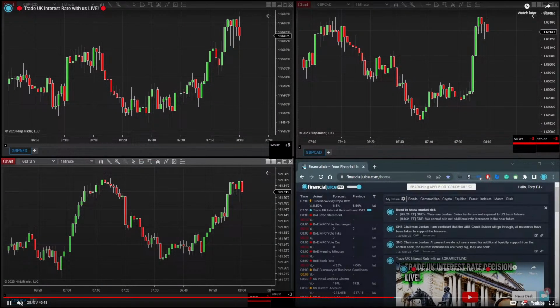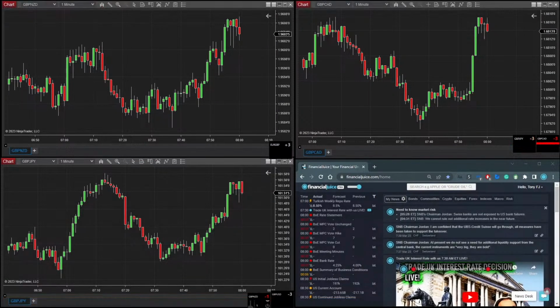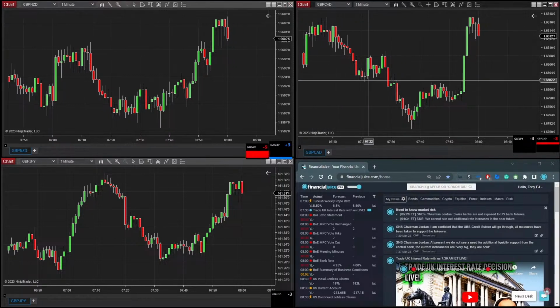So this is about 10 seconds before the release last time around. You can see the vote comes in as expected for the Bank of England: vote unchanged, vote hike, and vote cut.